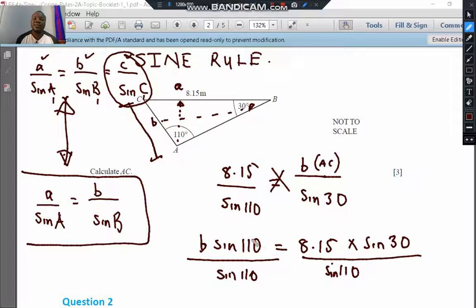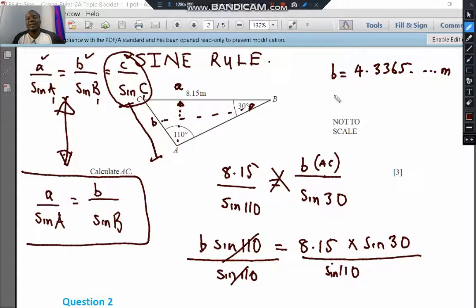So that sine 110 and that sine 110 would cancel, leaving us with b equal to, when we do it on our calculator, 8.15 times sine 30, everything divided by sine 110. We should be getting 4.3365 and some decimals going on, meters.